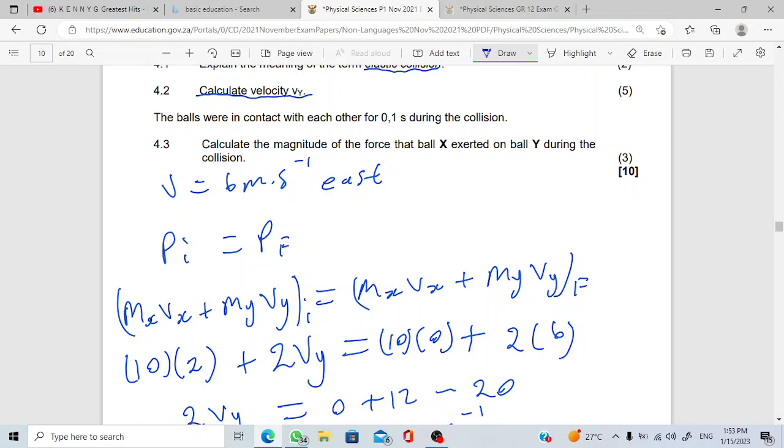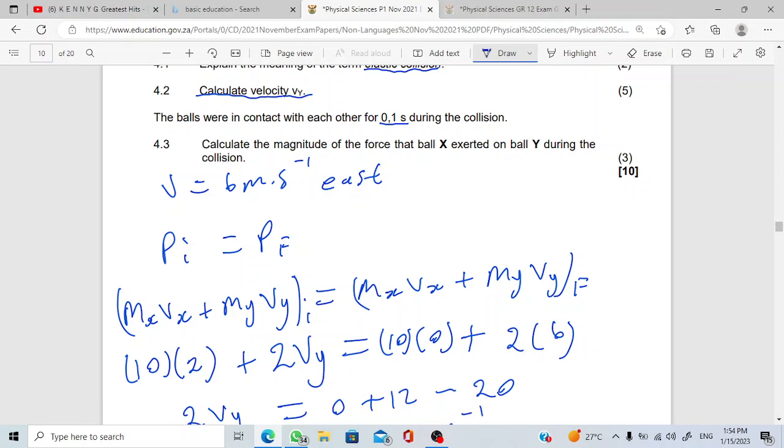Okay, so now the balls were in contact with each other for this time. Calculate the magnitude of the force that ball X exerted on ball Y. Okay, so the force of ball X.